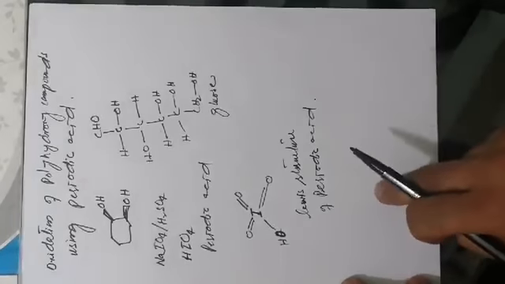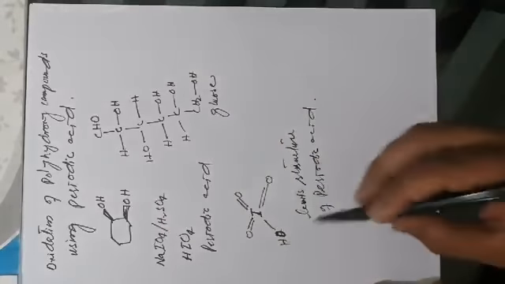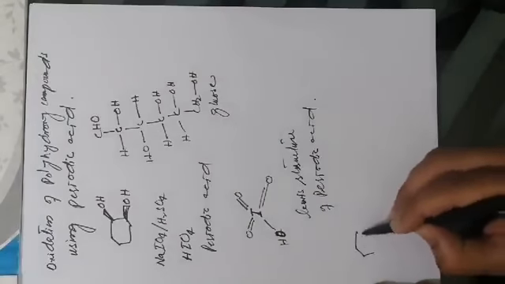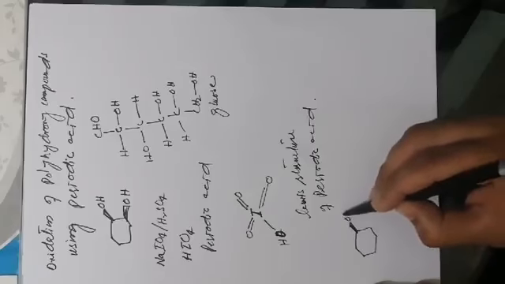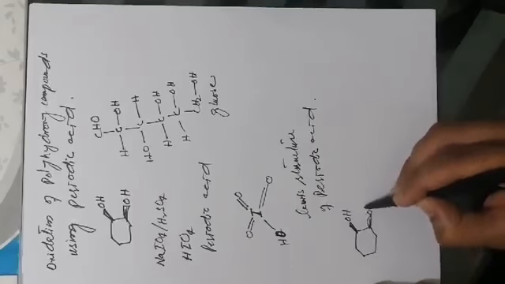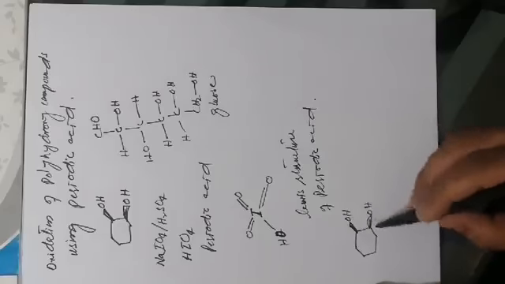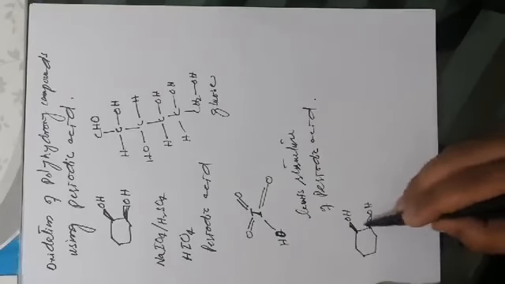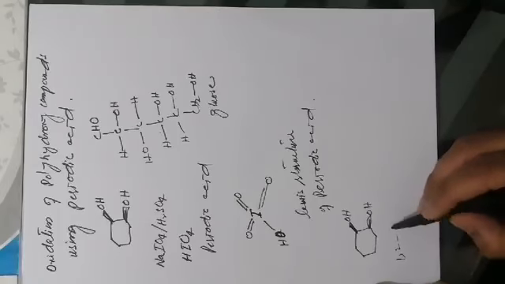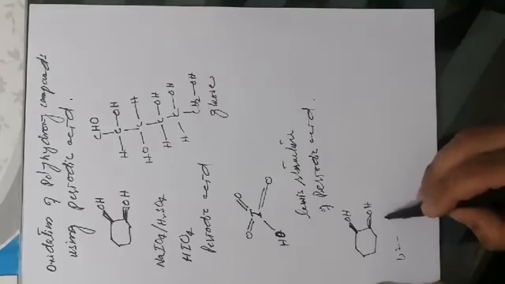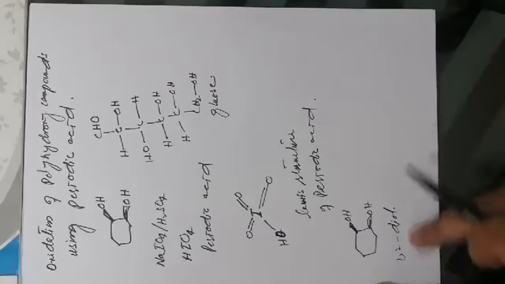So what happens in this reaction when polyhydroxy compounds where two hydroxyl groups are vicinal to each other, or you may say diols, 1,2-diol, cyclohexane 1,2-diol.